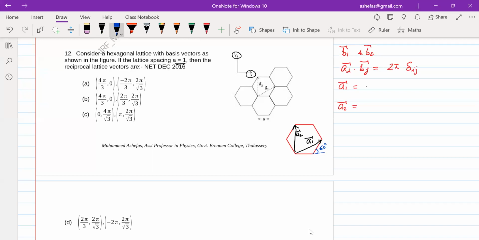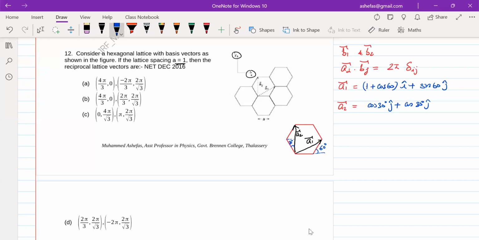So a1 would be 1 plus cos 60 i plus sin 60 j. And what about a2? This angle is 30 degrees. So a2 would be cos 30 j plus cos 30 j.